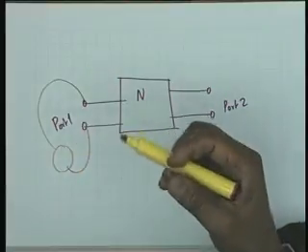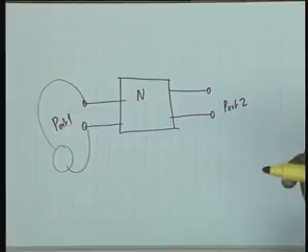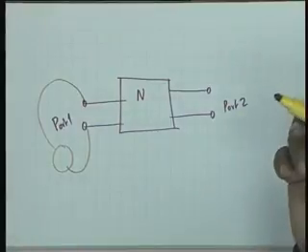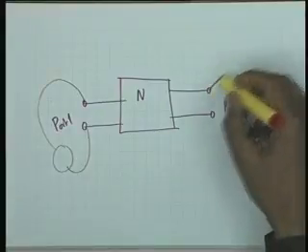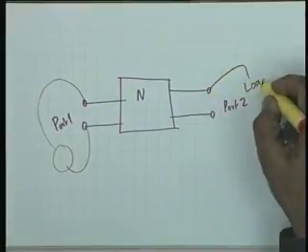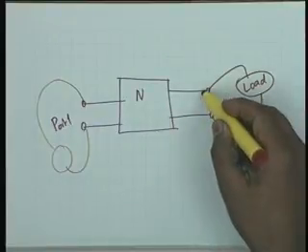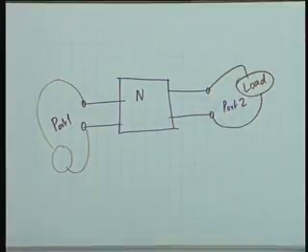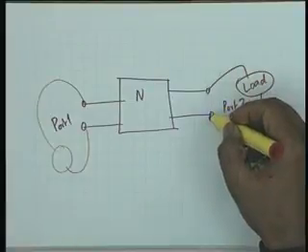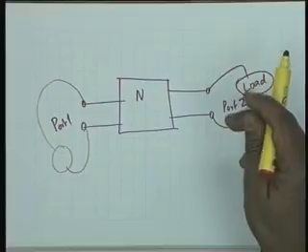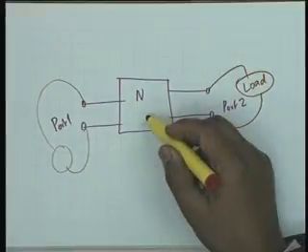And there must be at least another port at which you take out the power or it delivers energy. So, there can be a load here, and the voltage across the load or the current in the load constitutes the response of the network N.